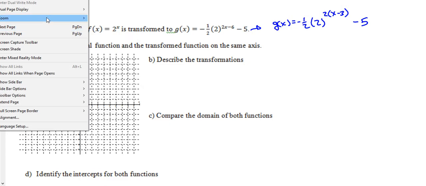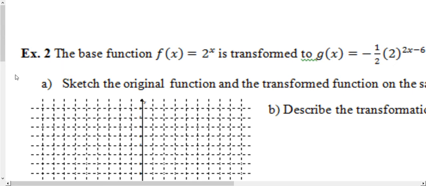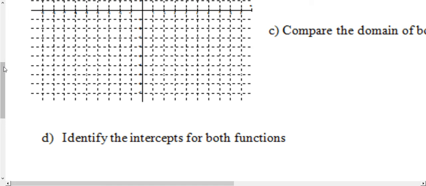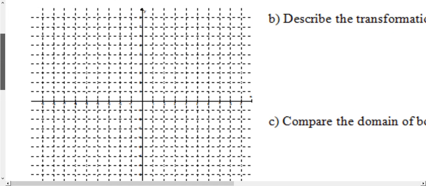So let's see if we can zoom in and plug in some of these values. 0 was at 1, negative 1 was at a half, and negative 2 was at a quarter. At 1 I was at 2, and at 2 I was at 4. At 3 I was technically up at 8.